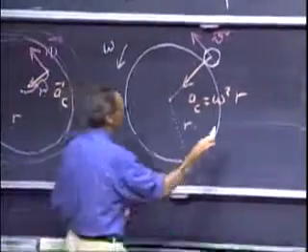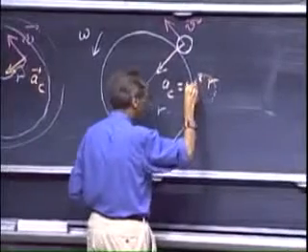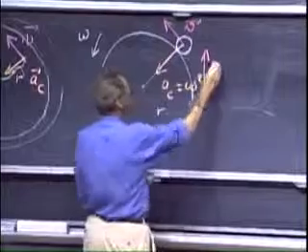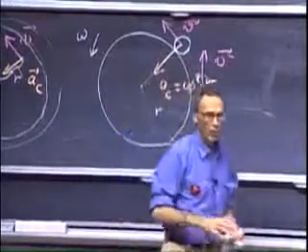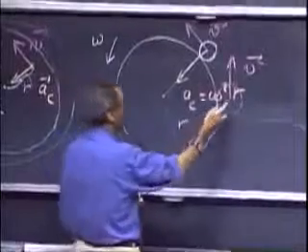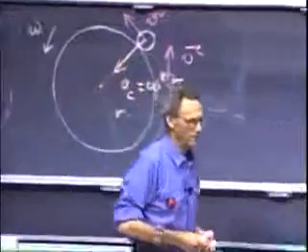If, however, I cut the string exactly when the ball is here, then of course it would fly straight up. Gravity would act on it, it would come to a halt, and it would come back. So really it would go along a straight line. But you would clearly see then that it's not going to do what many people think, that it would start to swirl around. It just goes and comes back.